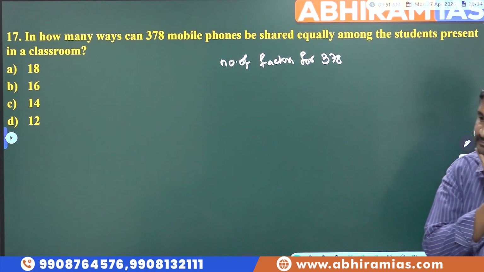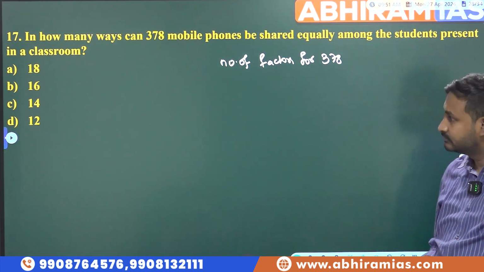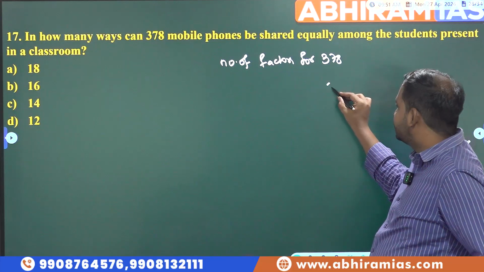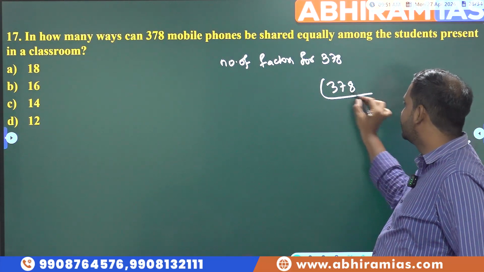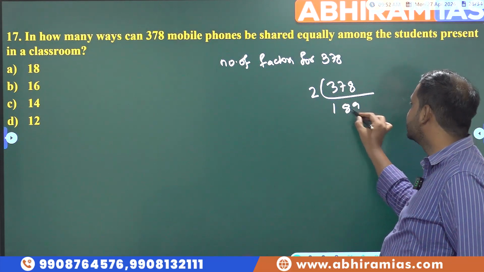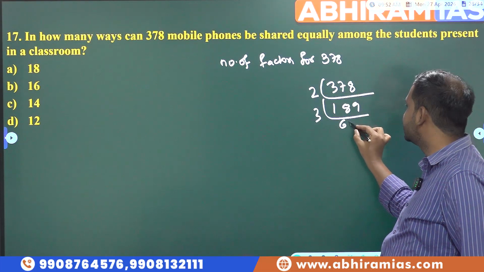What is the answer? Fast. 2, 189, 3, 63.